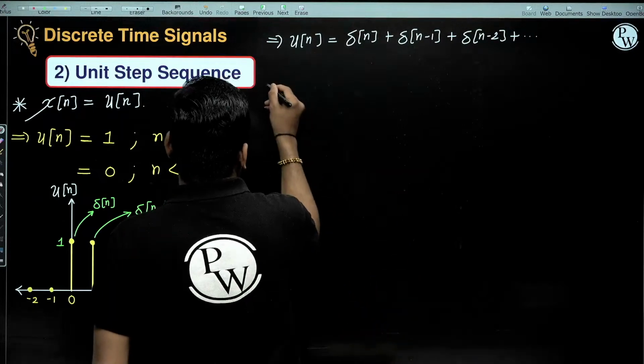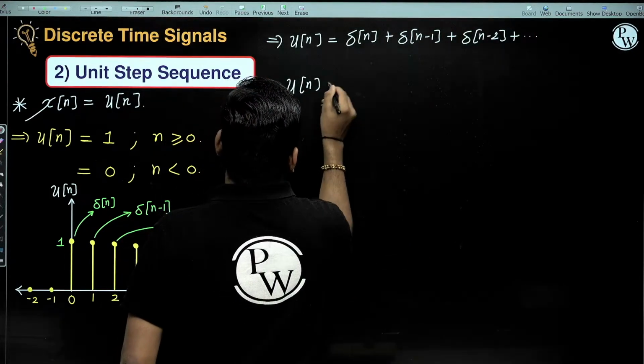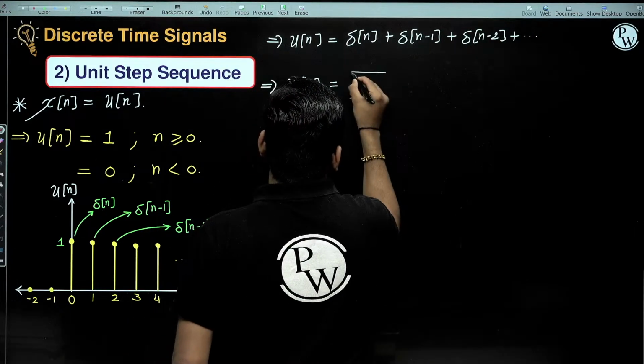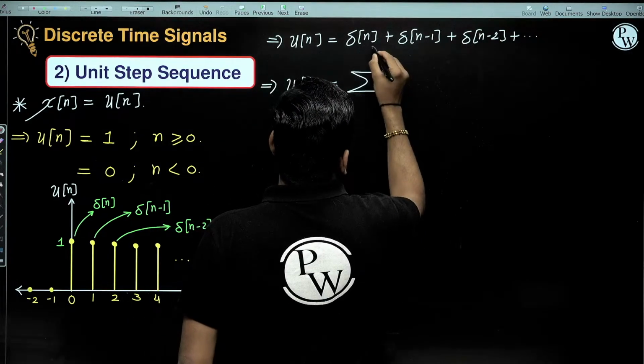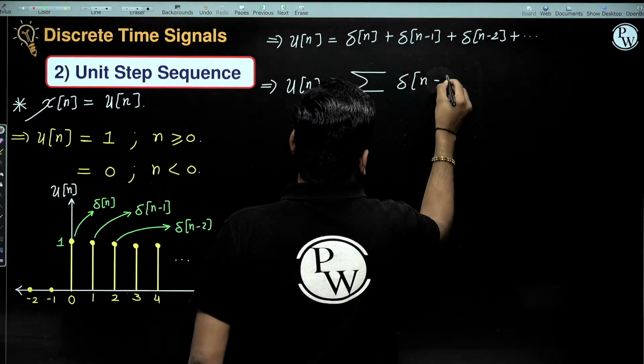Then here it will be Q of n equal to summation of del n minus k.